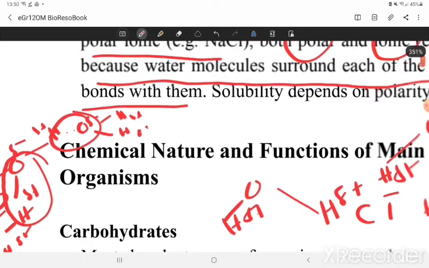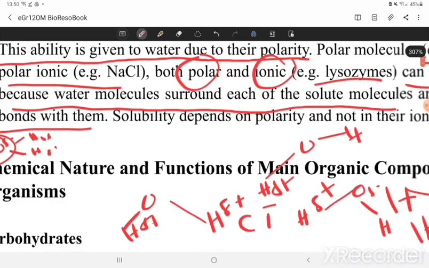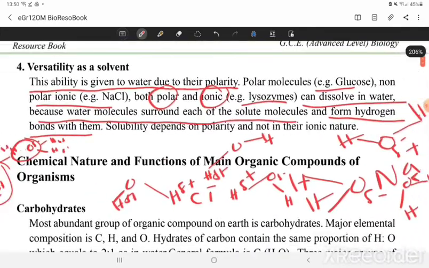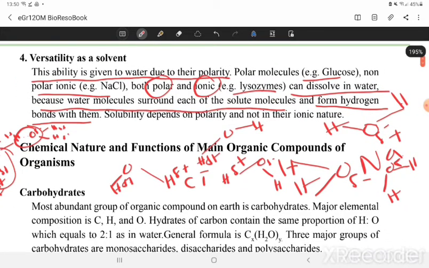So once again, because water molecules surround each of the solute molecules, they can form hydrogen bonds with them. Therefore, they dissolve. If we consider sodium chloride, initially it's in solid form. Then what happens when you dissolve that in water?